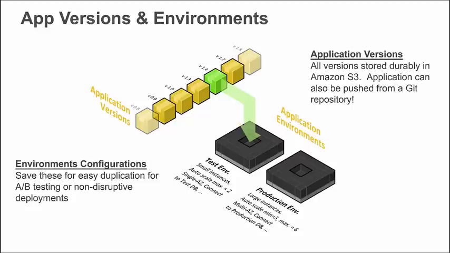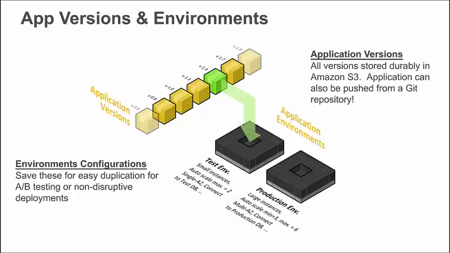In AWS Elastic Beanstalk, an environment is a version that's deployed onto AWS resources. Each environment runs only a single application version at a time. However, you can run the same version or different versions in many environments simultaneously.